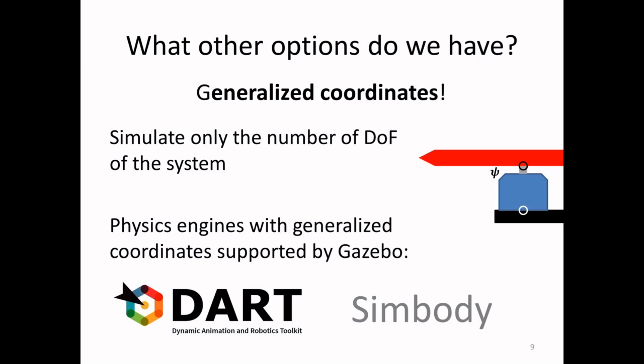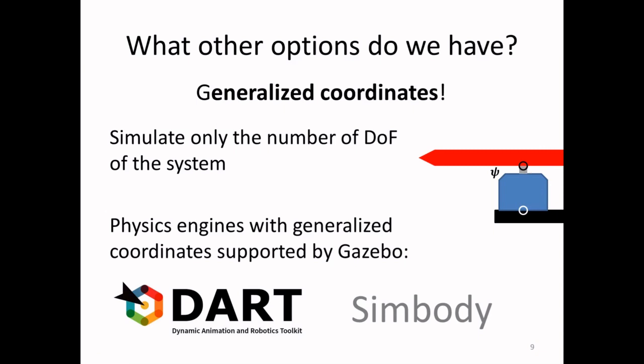Well, luckily, there is something known as generalized coordinates, also referred to as reduced coordinates, in which we're only defining the model by the number of degrees of freedom of the system.